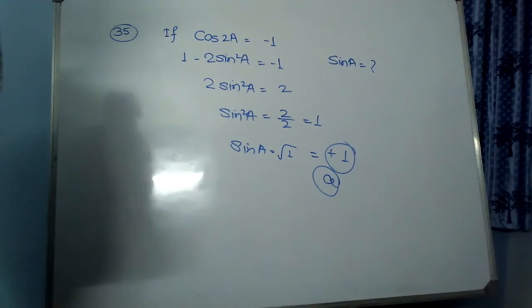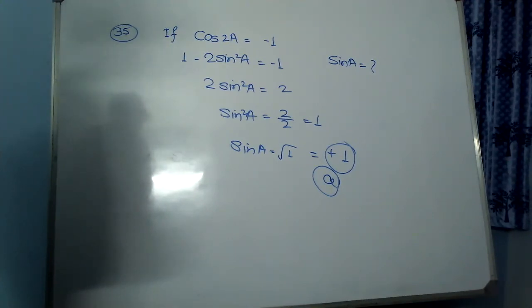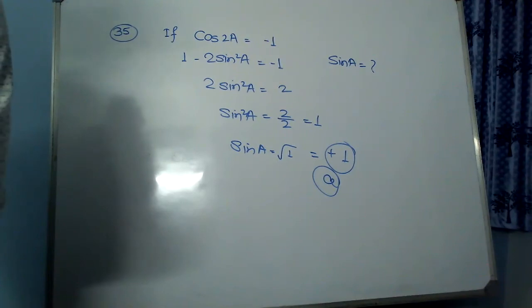Sec 180 minus a, cos 180 minus a is minus cos a, so minus sec a. So you'll get sec a into minus sec a, that is minus sec square a. Plus cot 90 plus theta, that's the second quadrant, you get minus cot theta, and then tan 180 plus theta, that's third quadrant, so minus tan theta.